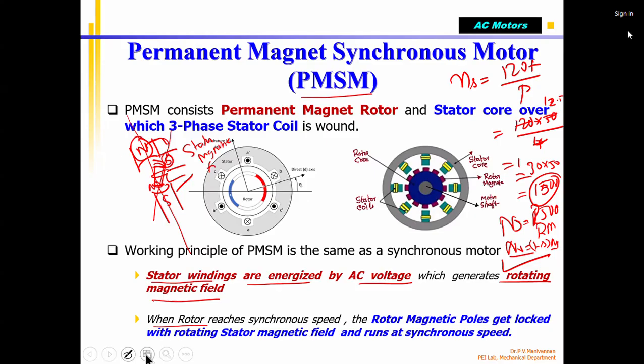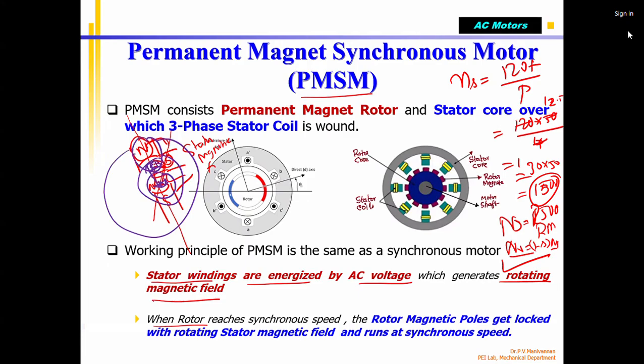So you have to physically move the rotor such that the rotor will be aligned like this. This is south pole, north pole, these two are locked. After that, the rotor will start rotating along with this.